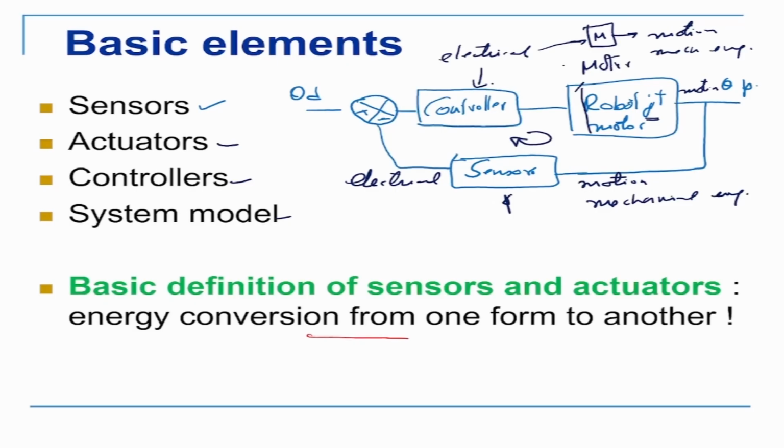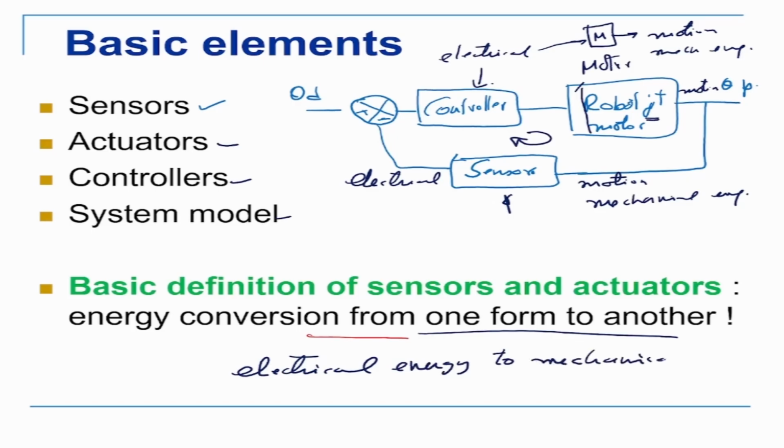So what is the general definition of a sensor and actuator? It converts energy from one form to another. In this particular case, electrical energy to mechanical energy is an actuator.